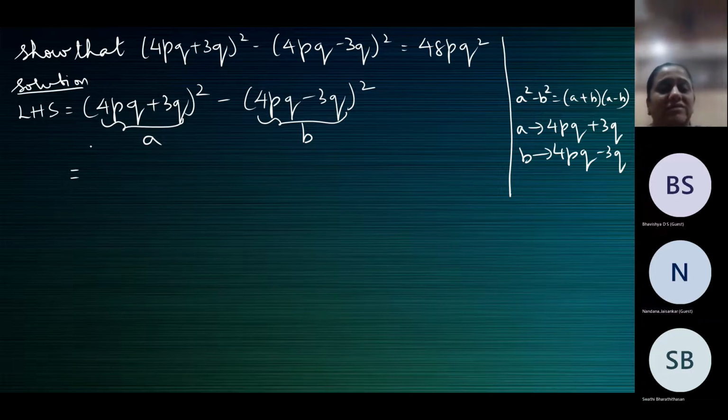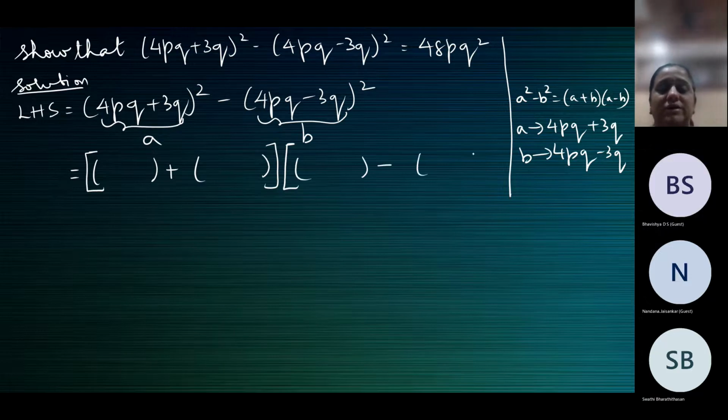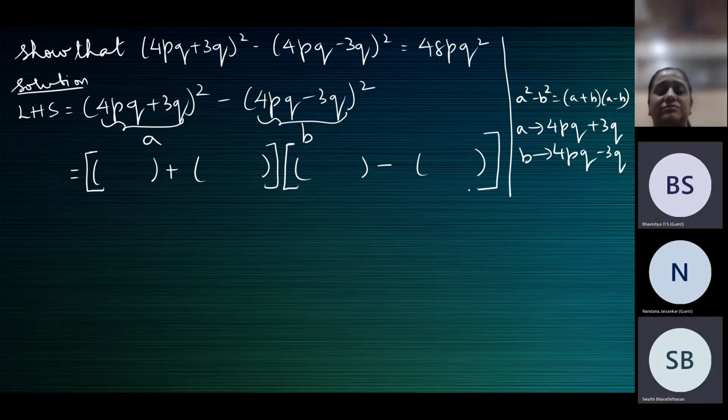You can also use brackets like this, before you write. Open a square bracket. A plus B. Close the bracket. Into A minus B. You can put empty brackets like this. See here, children. A plus B into A minus B. Is this understood, all of you? The empty brackets? Yes, ma'am.